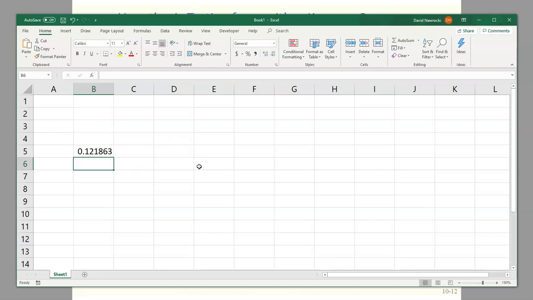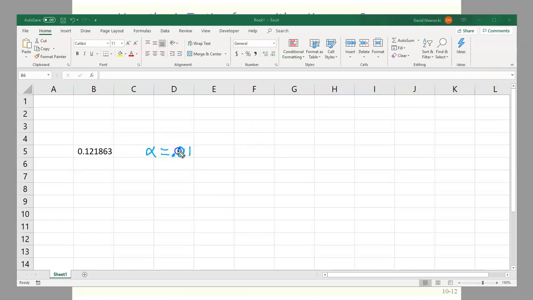There's your p-value, 0.12186. Now you'll notice that that number is bigger than alpha. Recall that for our problem the alpha was 0.01. We were testing at the 99% confidence level, so our significance level was 0.01.